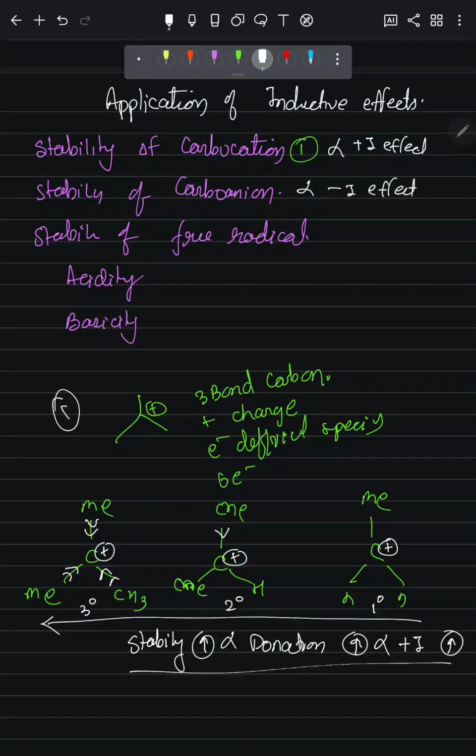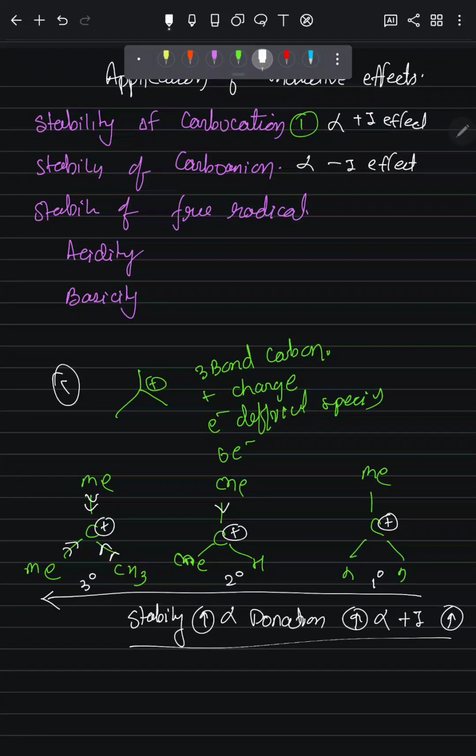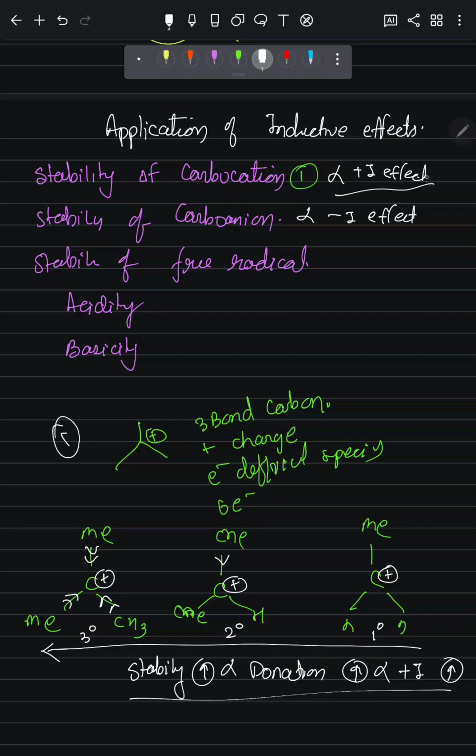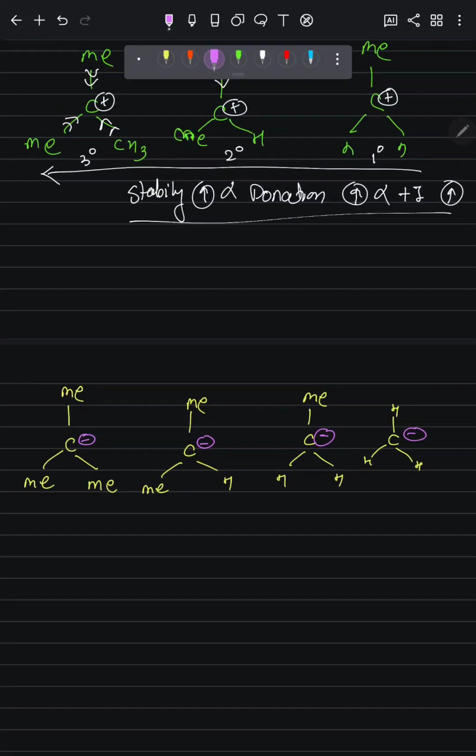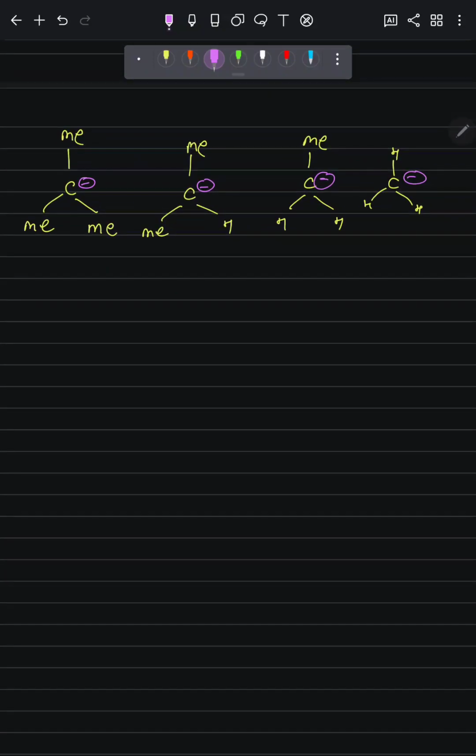So let's talk about the stability of carbanion, which is directly proportional to the minus I effect. Carbocation is directly proportional to the plus I effect. So here, in the case of carbanion, as we can see, it is a negative charge. So this is donating and making it more difficult. Here 2 groups are donating and here 1 group is donating.